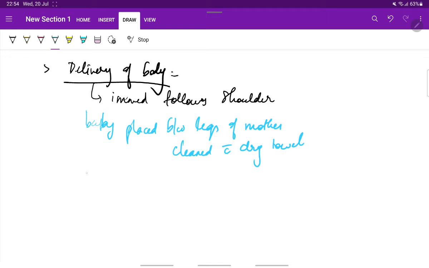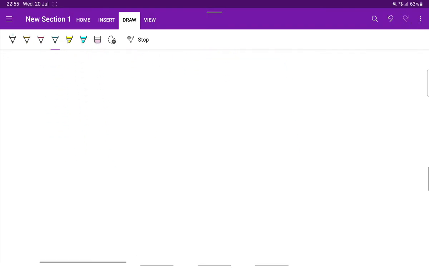And the air passages of the baby should be thoroughly examined and cleared if there is any block, by aspiration using a catheter. This is the delivery of the body.